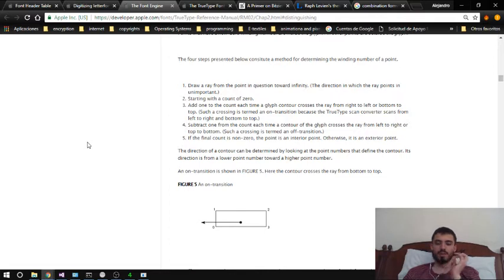Crosses ray from bottom to top. Add 1 to the count each time a glyph contour crosses the ray from right to left or from bottom to top.